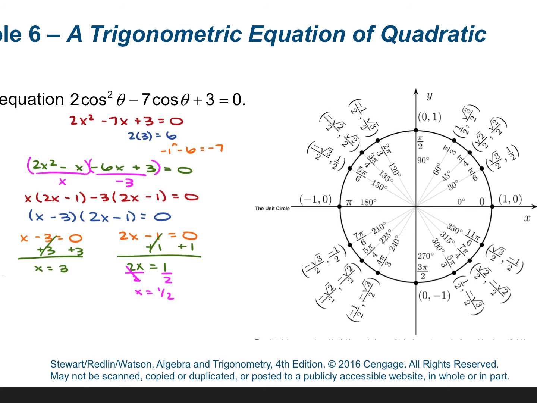No x is equal to 3, so this part is impossible. It's not going to happen. However, you have x values that are positive 1/2. That happens at pi over 3, as well as 5 pi over 3. So pi over 3, as well as 5 pi over 3, are our two solutions for this problem.